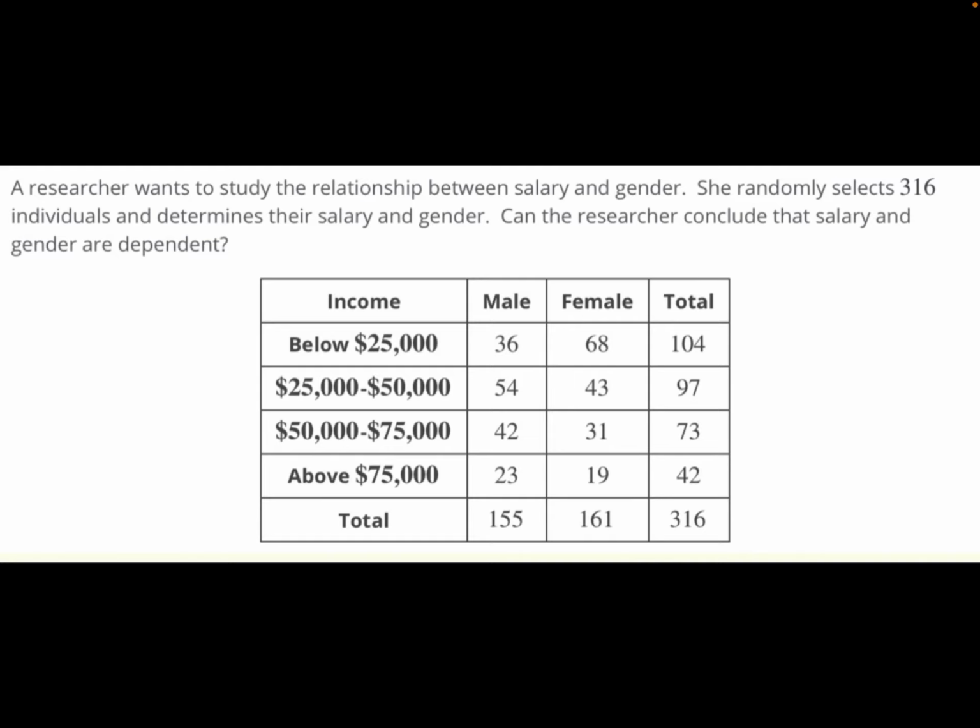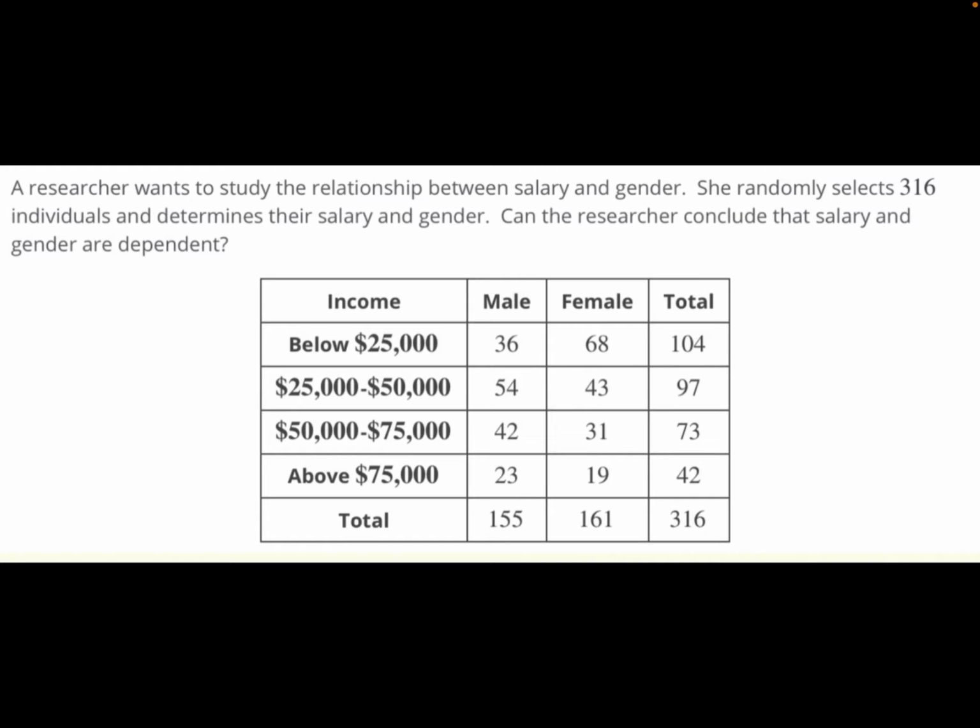Well, first thing to do is to get down what our null and alternative hypotheses are, so you actually know what you're testing. As always with these problems where we are using the chi-squared test to look at the relationship between two variables, the null hypothesis is that the two things are independent, so we always have independence in our null hypothesis.